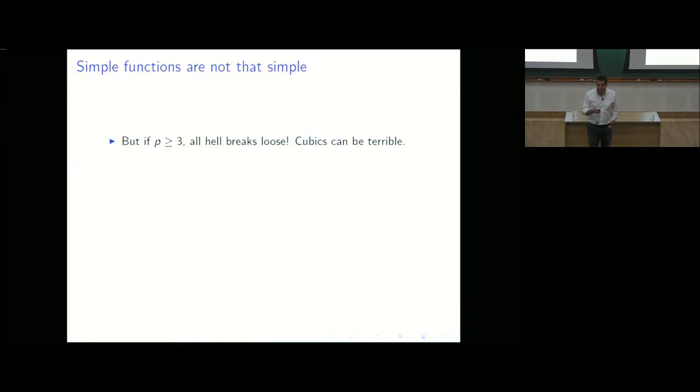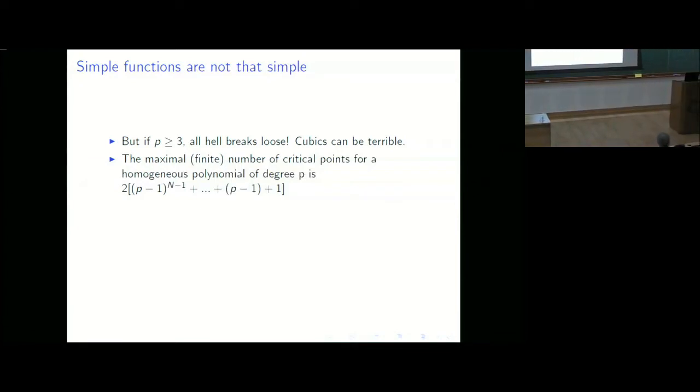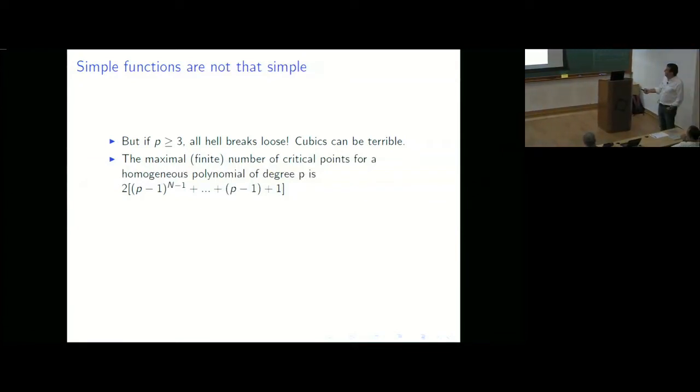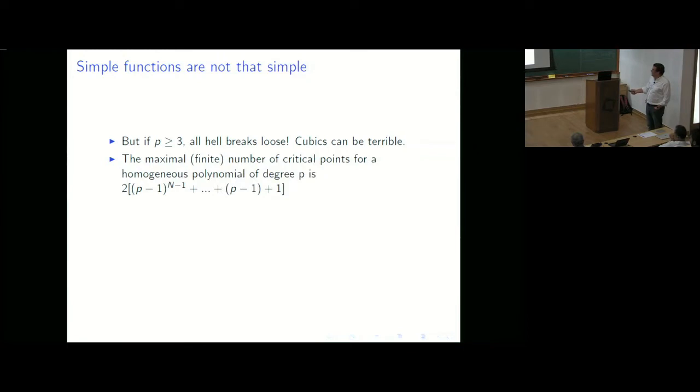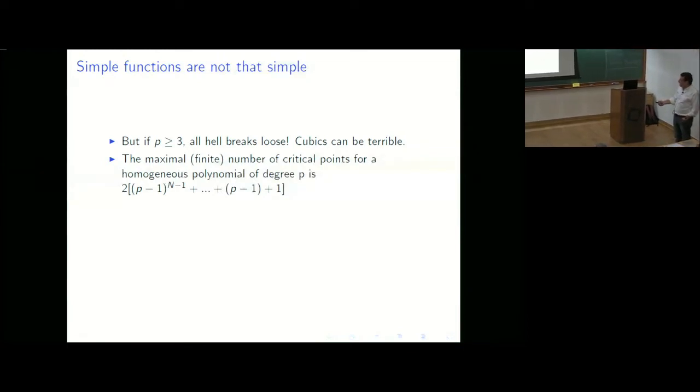And he couldn't. So, in fact, this is an algebraic geometry question. If you take a worst case, a cubic polynomial on the sphere, the maximal number of critical points is this. You see that when p is larger than 3, this grows exponentially.